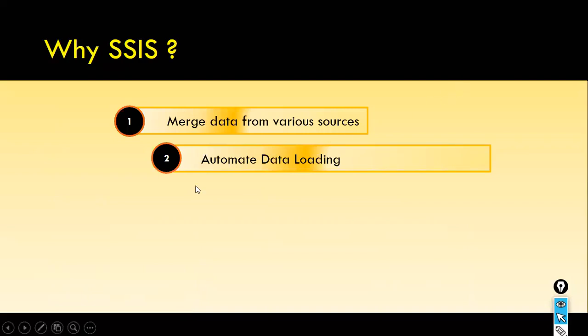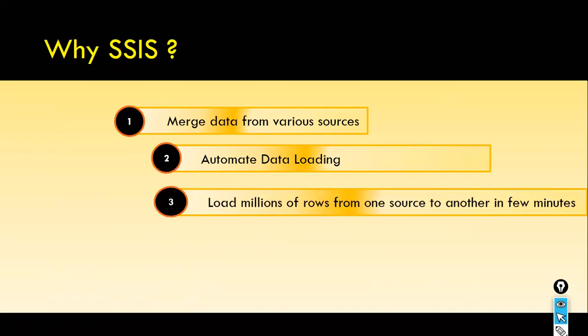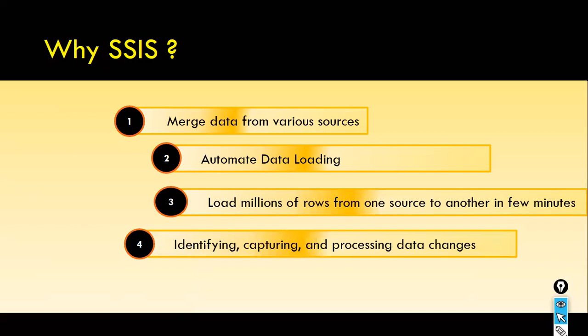And the data loading, you can schedule it or automate it using the SSIS tool. And importantly, we can load millions and millions of records from one source to another in just a few minutes. Also, using the SSIS tool, we can identify, capture, and process only the changed data from the source system.